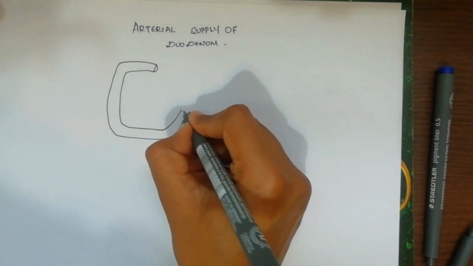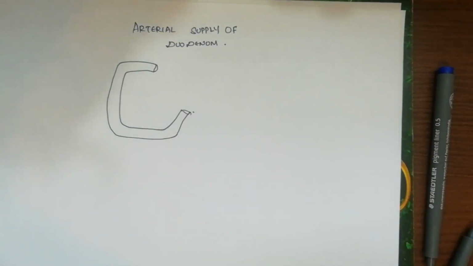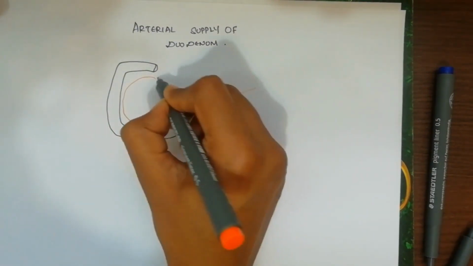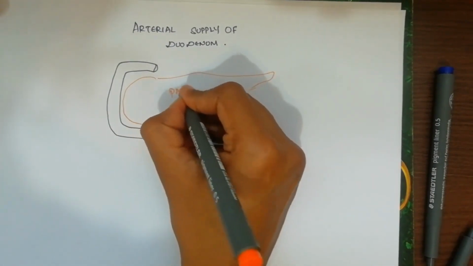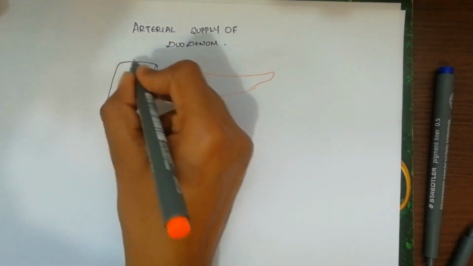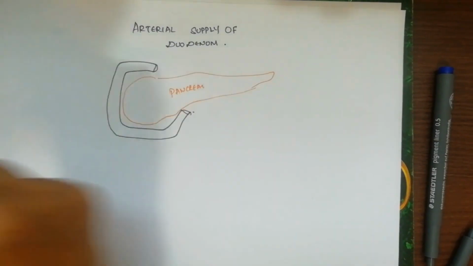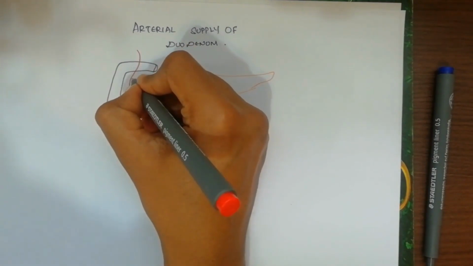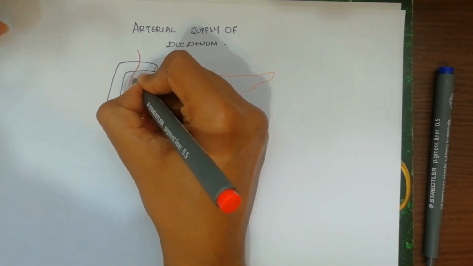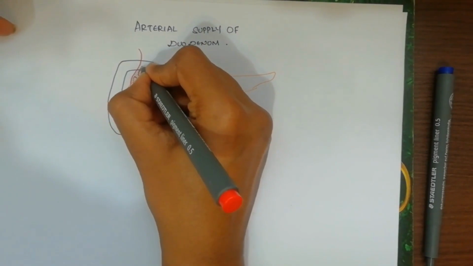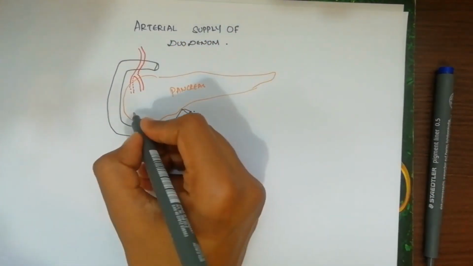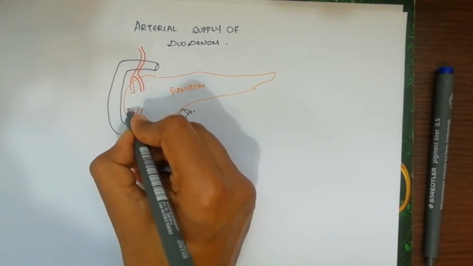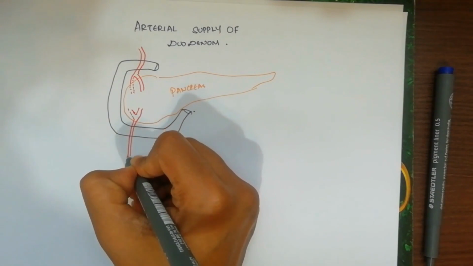Like this we will be having the duodenum, and inside we have our pancreas. So the pancreas will be related somewhat here. This is the pancreas and this is the duodenum. The arterial supply is mainly by the superior pancreatico-duodenal artery and the inferior pancreatico-duodenal artery.